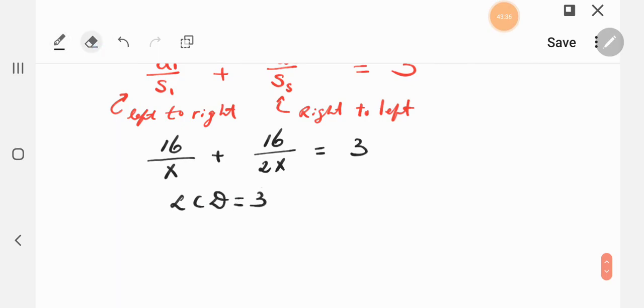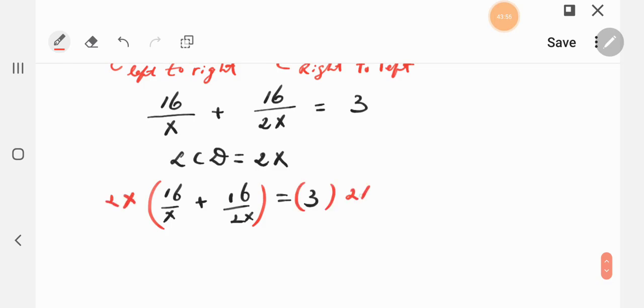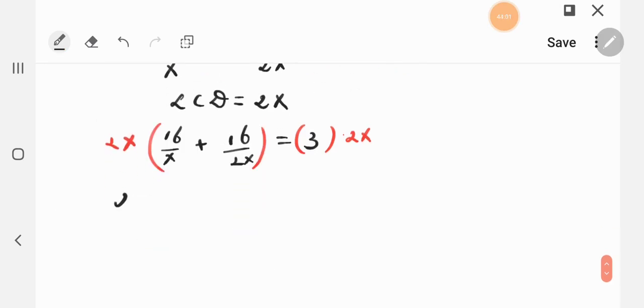And the LCD from this one, what is LCD? LCD is 2x, right? So multiply each side by 2x. All right, then distribute. So 2x times 6 over x is 12, and 2x times 6 over 2x is 6, and we can cancel out x.